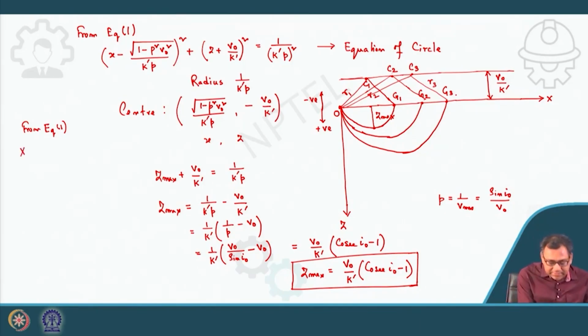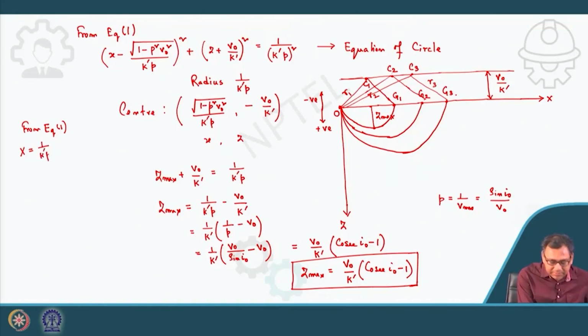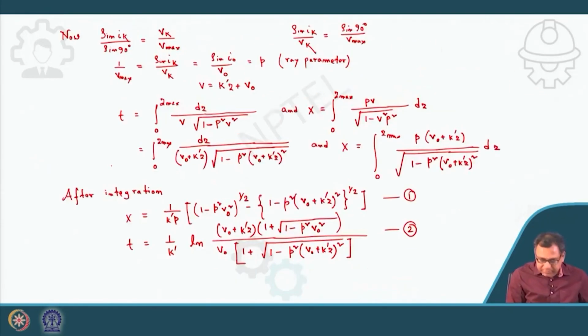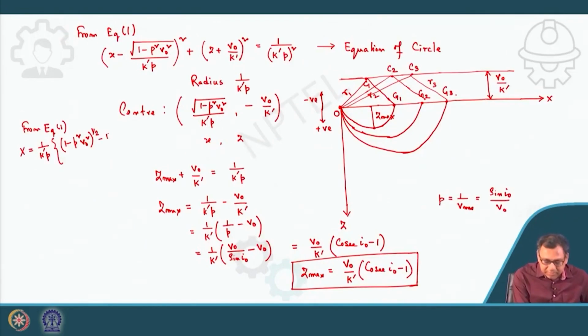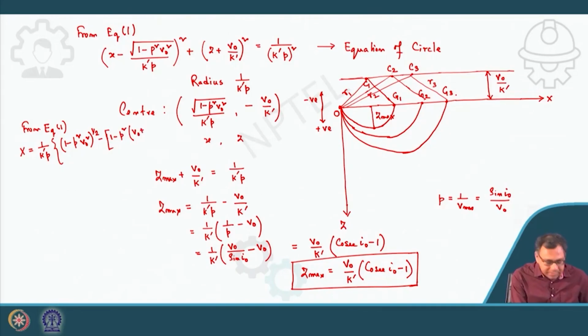I will get that x is equal to 1 by K dash P, then 1 minus P square V0 square to the power half, then minus 1 minus P square plus V0 plus K dash Z to the power square.